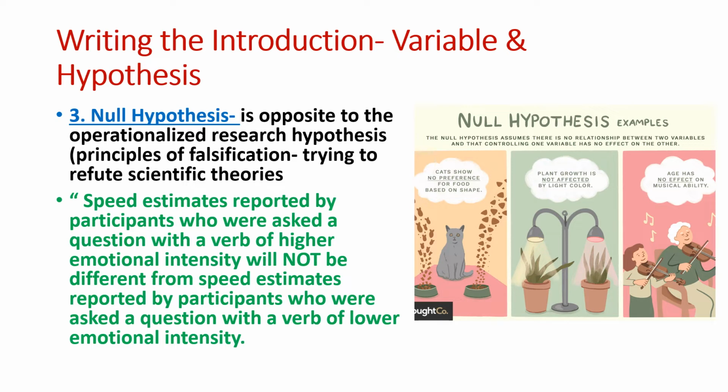So you can just put not, or at the very beginning, put no significant difference, and then restate the research hypothesis. It doesn't matter how you do that. It's just that you're doing the opposite of your operationalized research hypothesis. So make sure it's not a construct hypothesis. It's operationalized, and it's the opposite of what you were thinking.